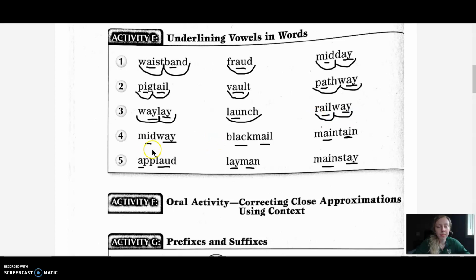Railway, midway, blackmail, maintain. This one's a little tricky. Applaud. Okay, this one was at the very beginning. Applaud. Layman, layman.